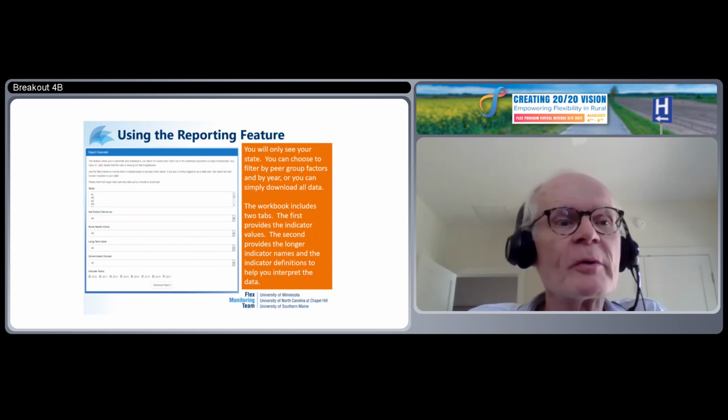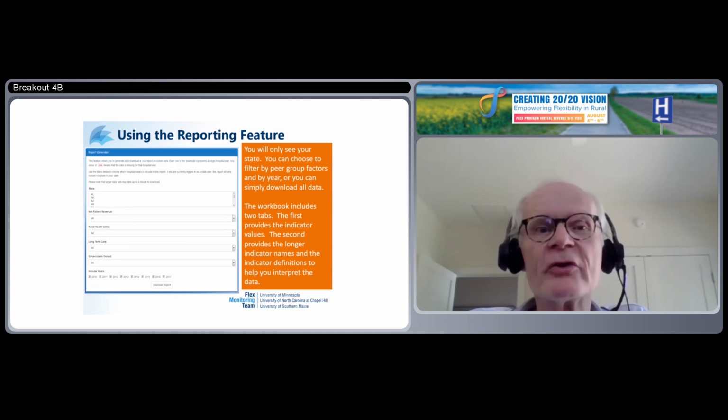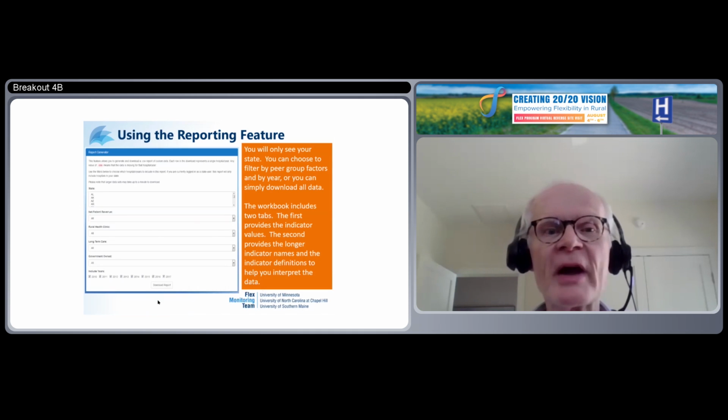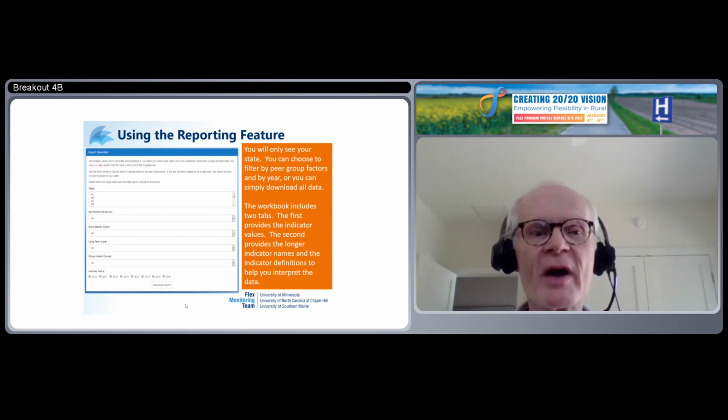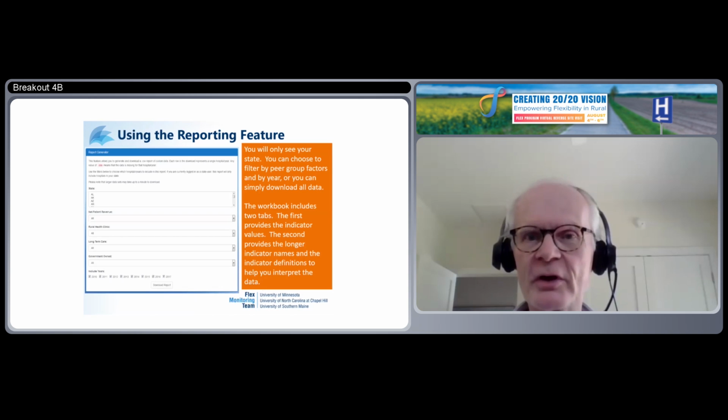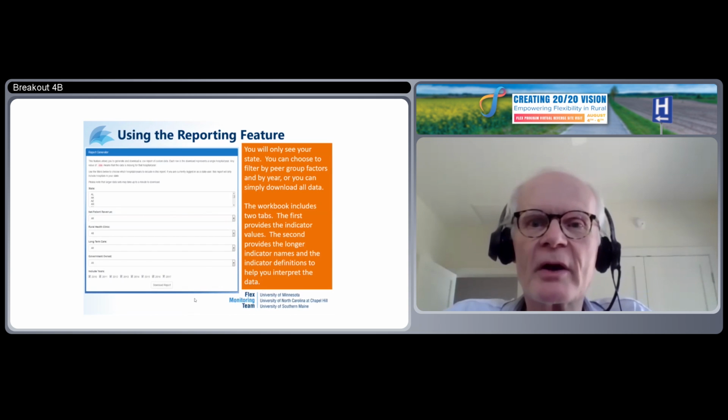Using the reporting figure, you only see your state. You can choose to filter by peer group factors. The workbook that you get will include 2 tabs. The first will provide the indicator values, and the second will provide the long indicator names and the definitions to help you interpret the data. So you don't just get a spreadsheet with a bunch of numbers. It's very user-friendly to help you start using it right away.